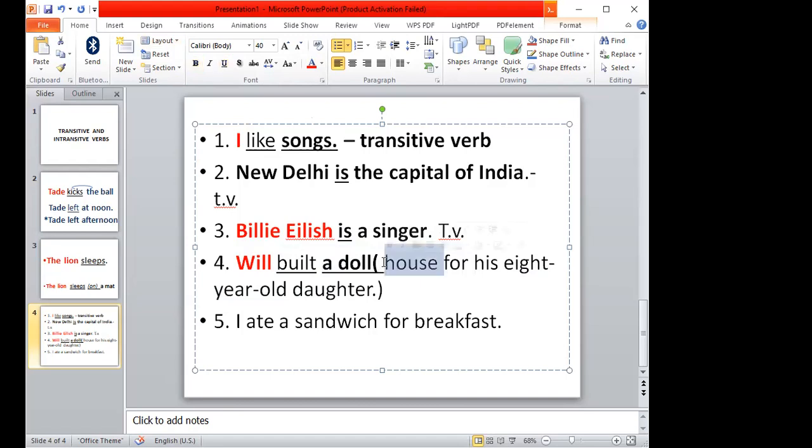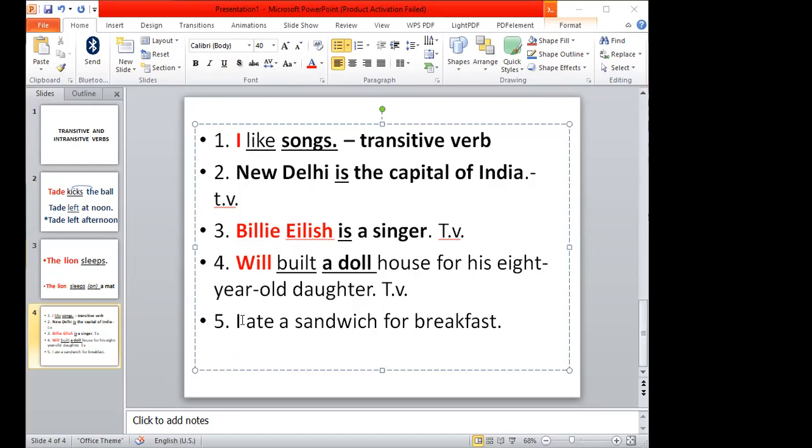So a dollhouse for his 8-year-old daughter will be my object. The type of verb used here is also a transitive verb.